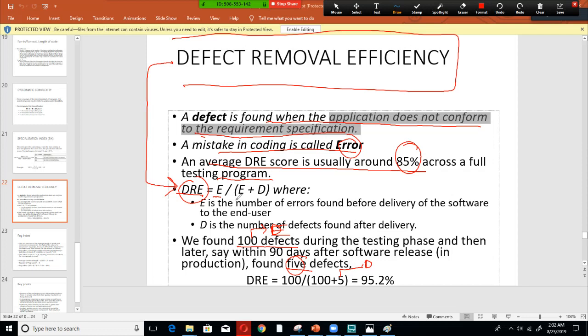If we put those values in the formula, we have the error 100 divided by error plus defect, so this gives us 0.95. This is a good value because it's better than the average. A value less than 85% would be a bad value of DRE. So that covers this topic.